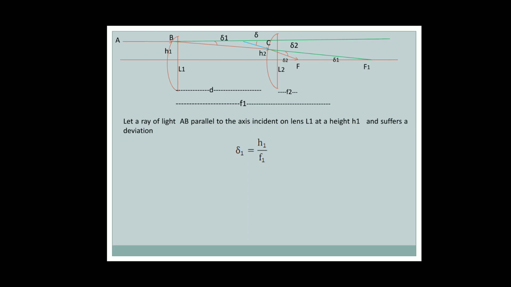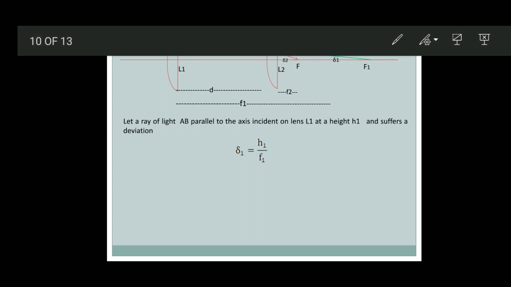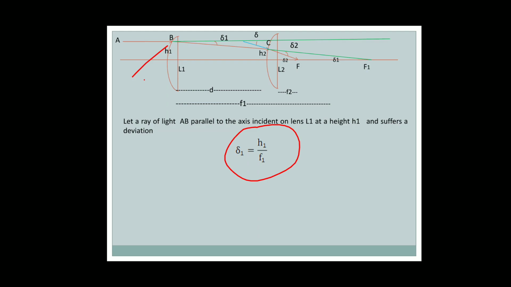Let a ray AB, parallel to the x-axis, be incident on the lens L1, where delta 1 is the angle of deviation, equal to h1 by f1. How is it h1 by f1?